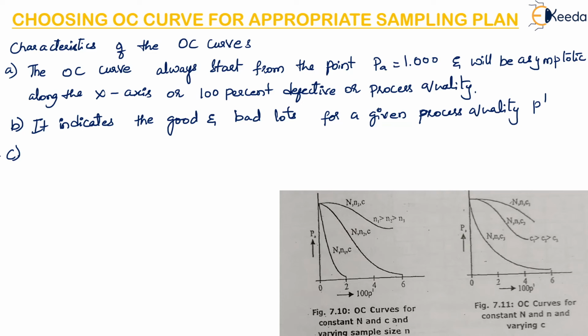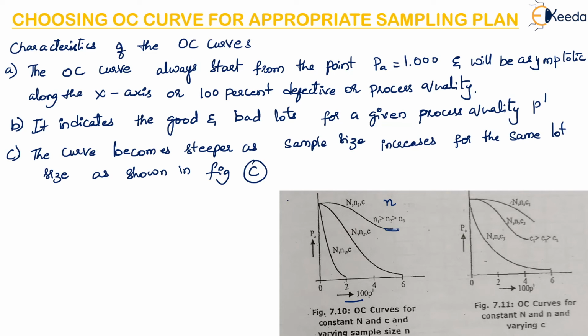The third characteristic says that the curve becomes steeper as the sample size increases for the same lot size, as shown in this figure C. We can see the curve becoming steeper as the sample size n increases for the same lot size.